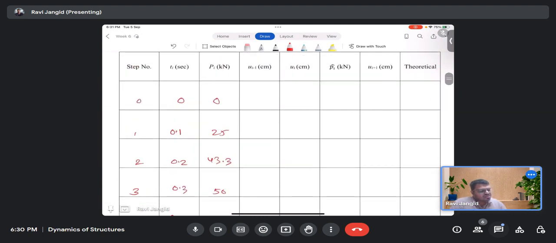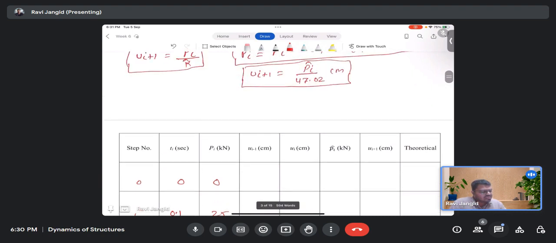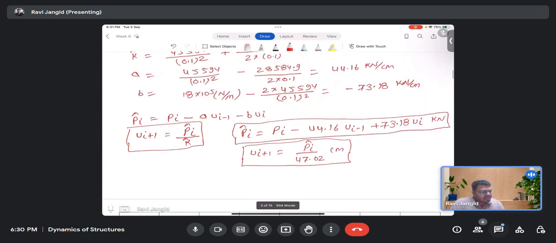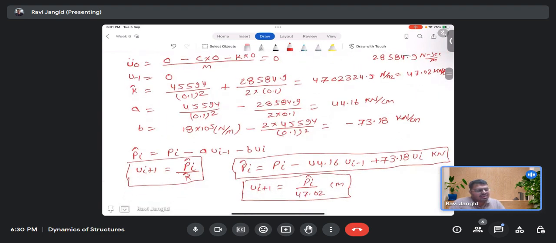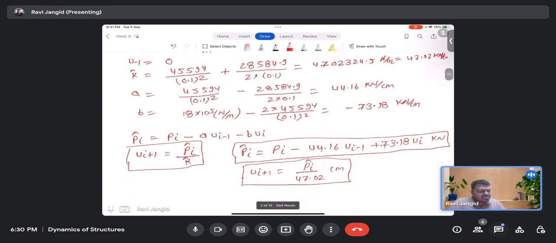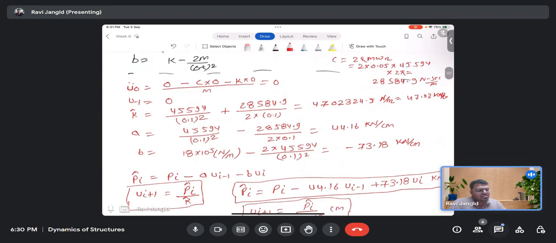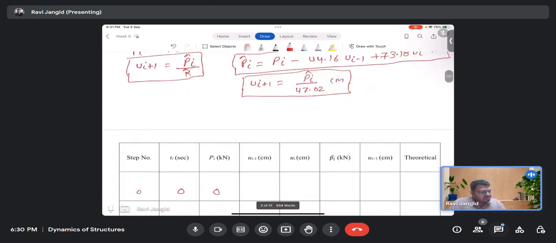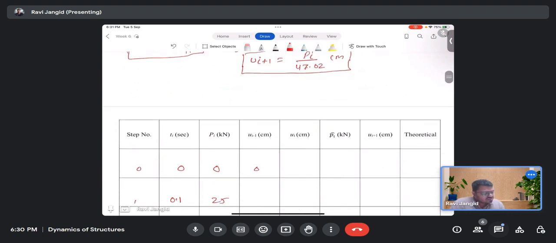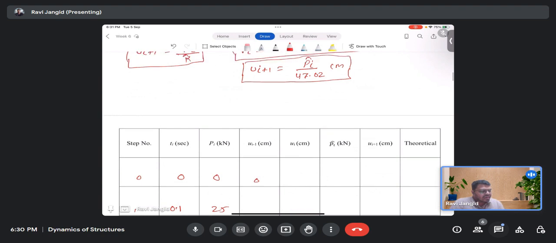Okay. So now, can you tell me what is my ui minus 1? As you have the formulation, ui minus 1 is 0 in the initial condition. So if my ui minus 1 is 0 and i is 0, u0 is 0.